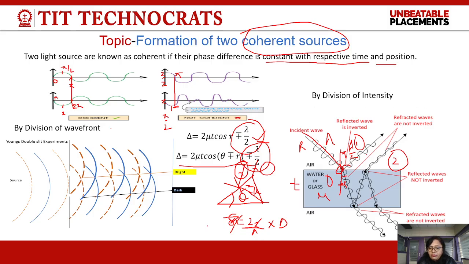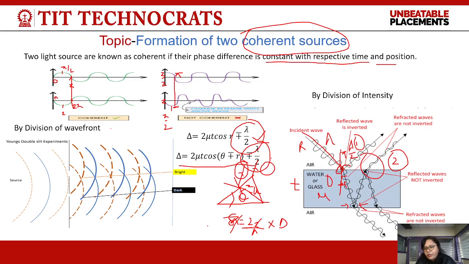But in this way, this path difference is not generated. Why? Because now the wave is transmitted into the denser medium and reflected from within the denser medium. As you see here, it is coming with the downward phase and reflected also with the downward phase. So Stokes law says that when a light ray is incident on a denser medium coming from the rarer medium, whenever it is reflected from the denser medium, a path difference of lambda by 2 arises.